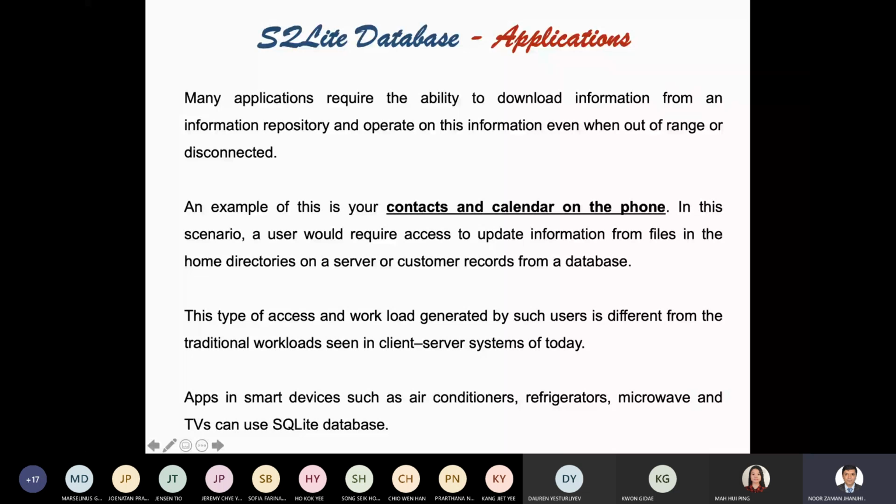There are a lot of different scenarios we use in our cell phones. So do remember, as we said, more than 70% of applications belong to SQLite, because this database is specifically designed for Android applications.